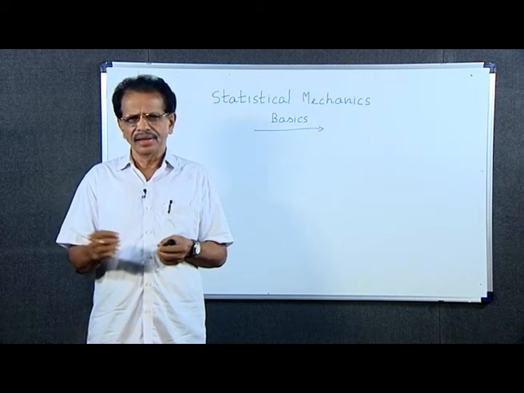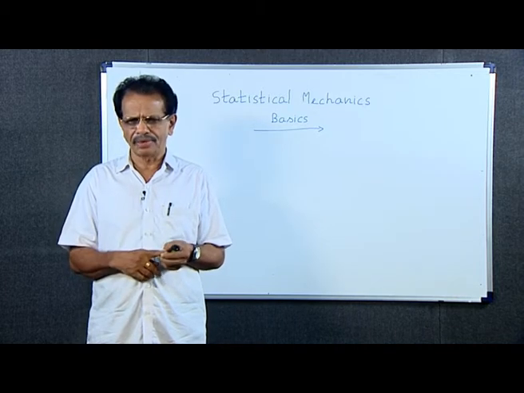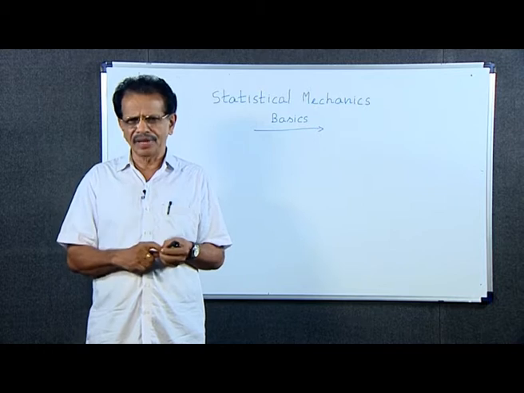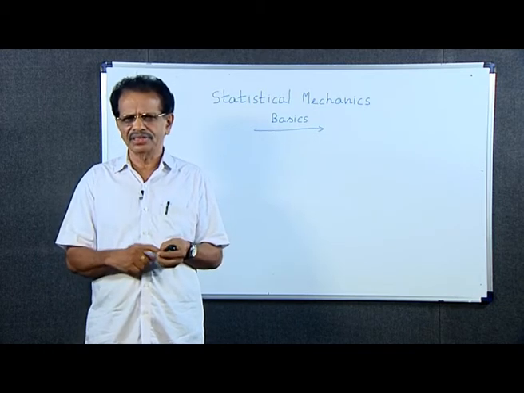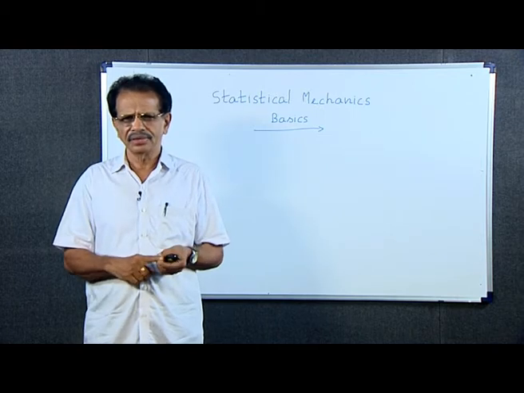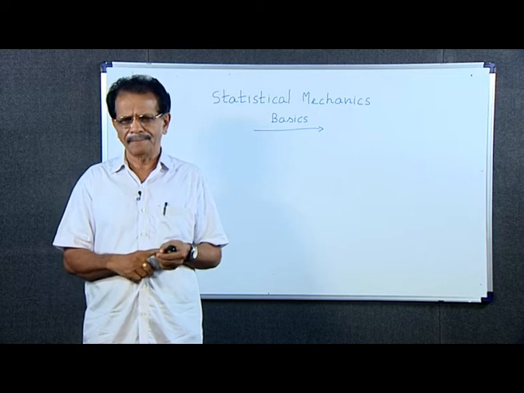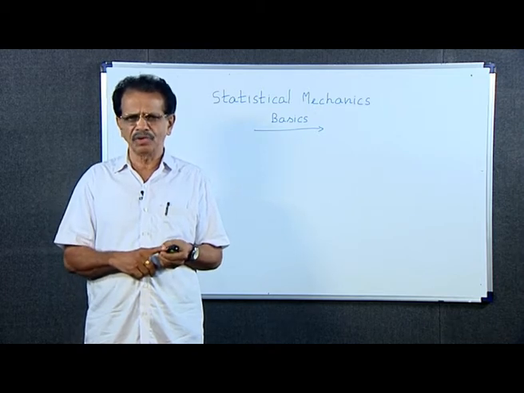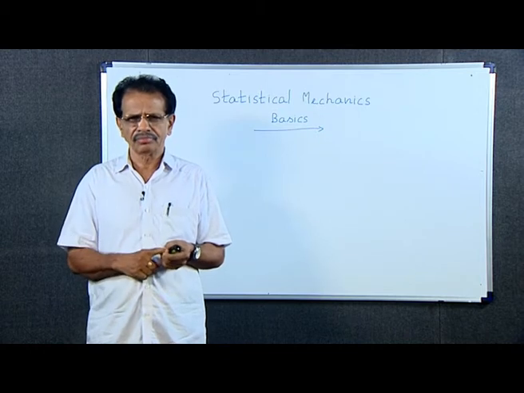But a definition for entropy is not given in thermodynamics. You can only explain the change in entropy due to the change in heat energy and all these things. What is the absolute value of entropy? That is not given by thermodynamics. And here is the attempt by the great scientist Boltzmann to give an explicit expression for entropy.